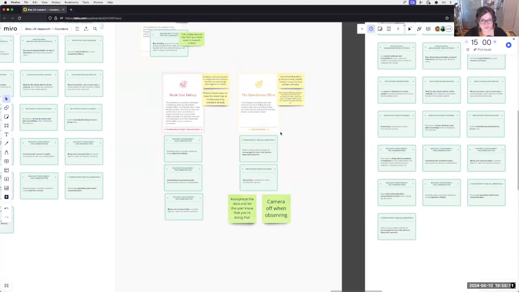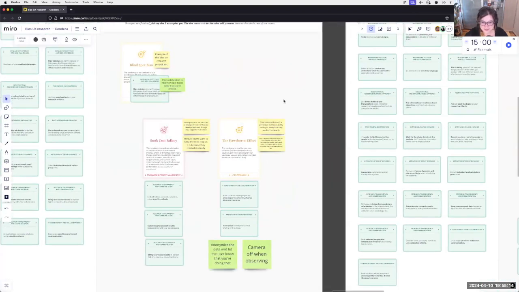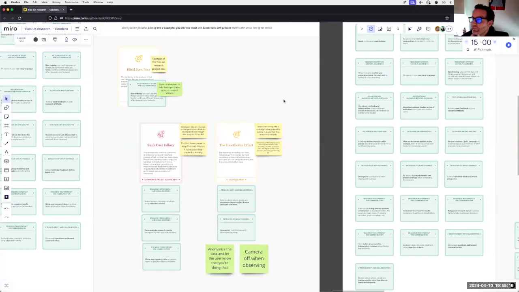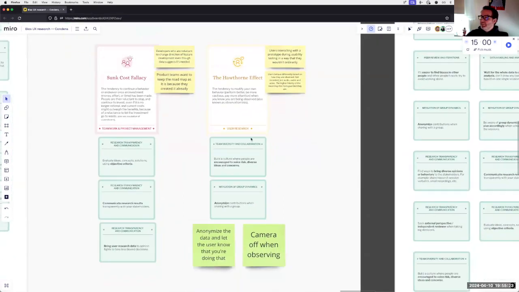Group 3, which one do you want to present? I can go. So we talked about the Hawthorne effect and sunk cost fallacy.